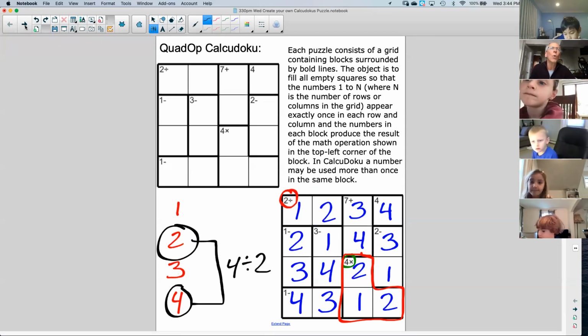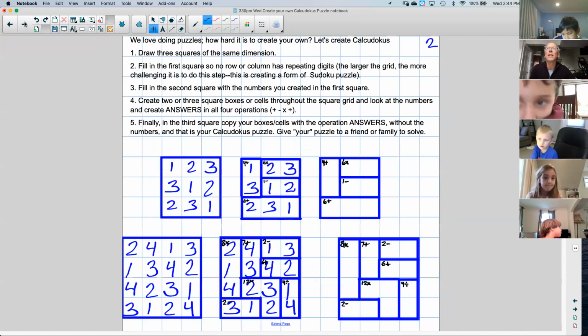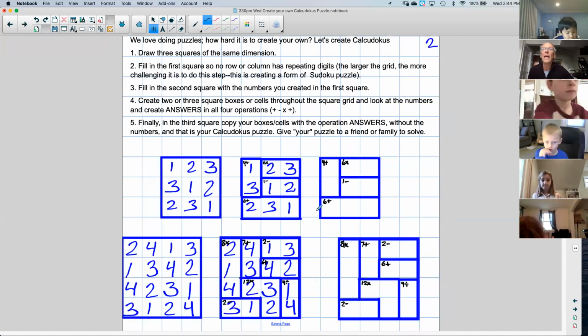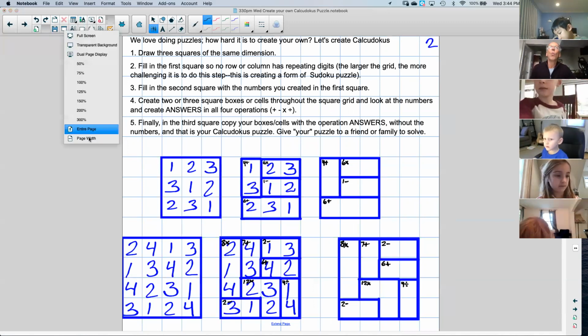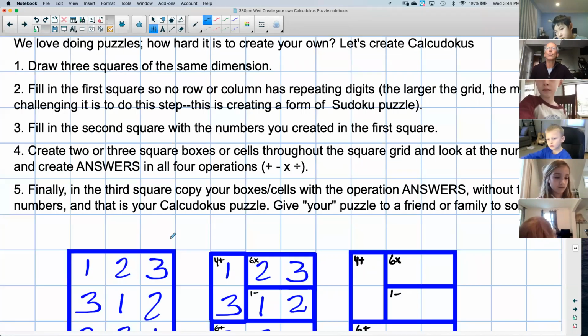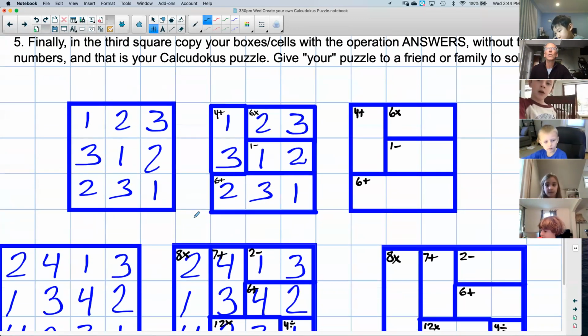So very, very cool. Now, everybody please go to page number 2. So what I'm going to show you to do today is this. I'm first going to ask you to draw a 3 by 3 square.